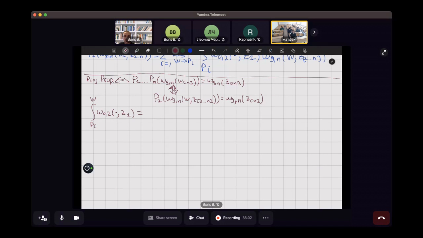Can it happen that after we apply the first residue, we get some additional term, then we apply the second residue, and this term gets killed, so that the first line holds, but the second line is not correct? But you need to take into account that P1 only acts in W1, and P2 only acts in W2. And moreover, you know that omega is symmetric.